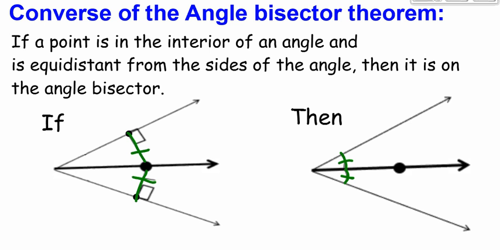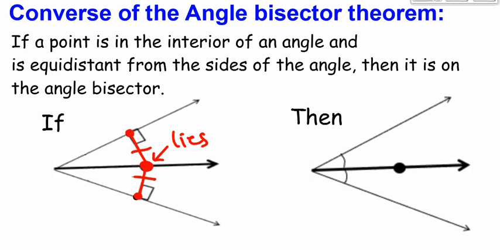The converse of the angle bisector theorem says that if a point is in the interior of an angle and is equidistant from the sides of the angle, then it is on the angle bisector. So what that is saying is that if the reverse is true, if I have a point and the distance from here to here is the same as the distance from here to here, then this point lies on the angle bisector.